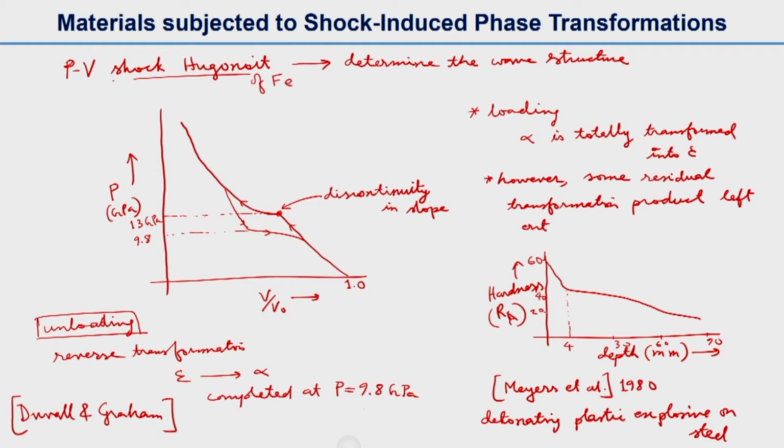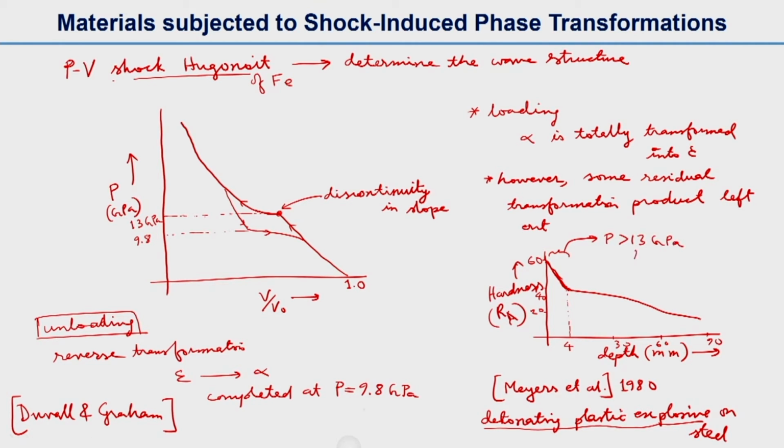So you can imagine that during the detonation with the help of a plastic explosive, the steel block after the passage of that shock loading will be very hard at the surface, that is up to 4 millimeter from the surface. So at the surface, pressure will be very high, P exceeds 13 gigapascal.